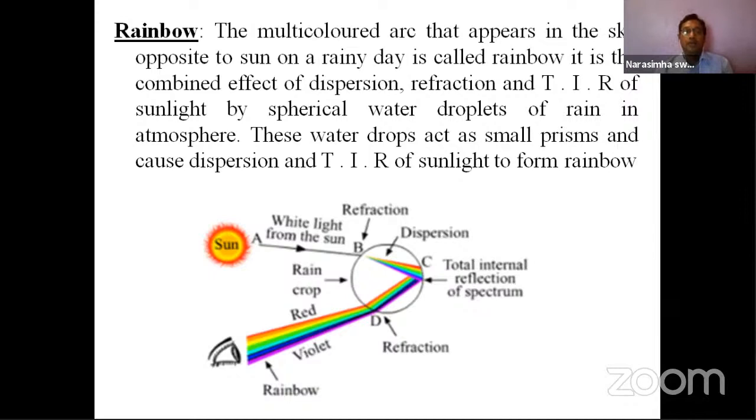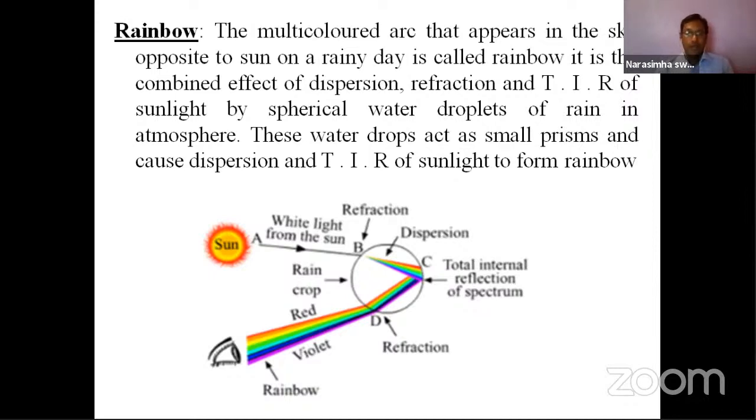These water drops act as small prisms. We'll discuss the prism concept now. The prism causes the dispersion and total internal reflection of sunlight to form a rainbow.